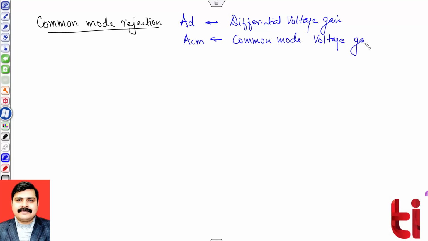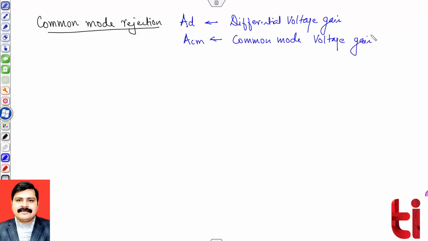If these two parameters are known to us, then we can easily calculate the common mode rejection ratio, which is nothing but the ability of the operational amplifier to reject the common mode signal or noise.